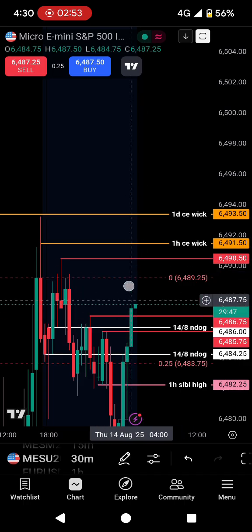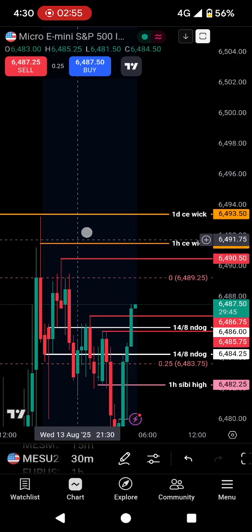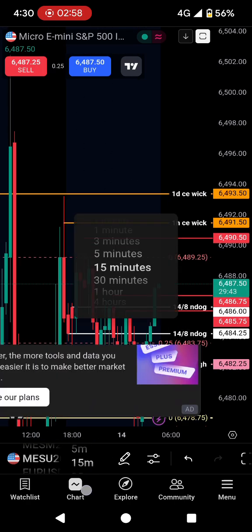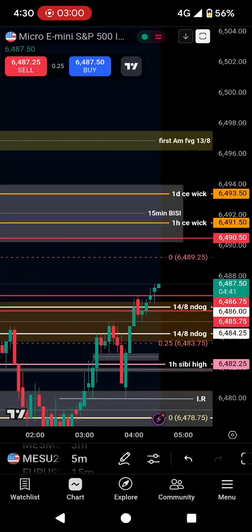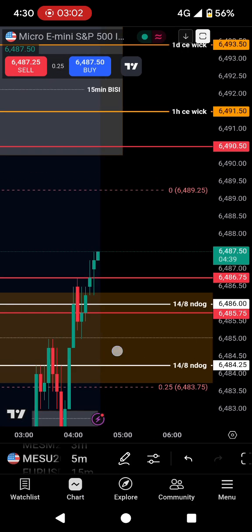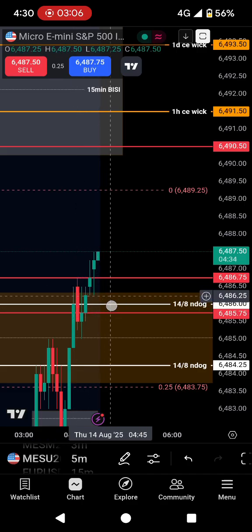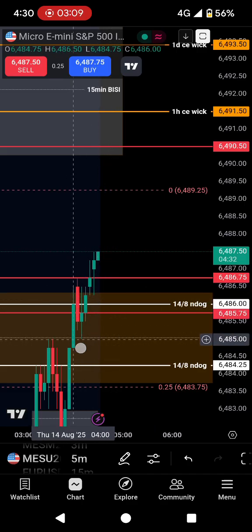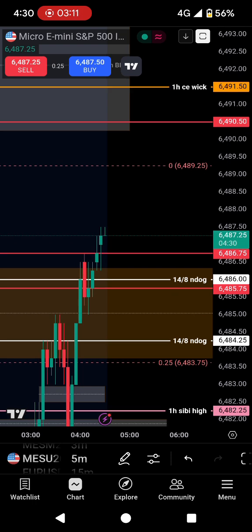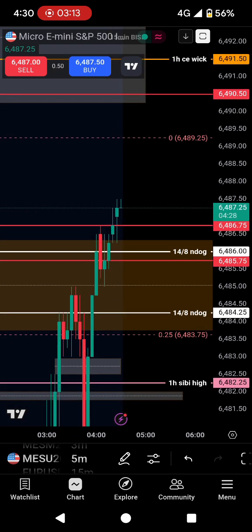Right now where is the draw? Here, here. Very clear draw. So it starts pulling now. Right now the 3 PD array is this bullish order block, volume balance, 1 hour balance price range, and this fair value gap here. That is why I closed my trade, because right now the 3 PD array is basically here.